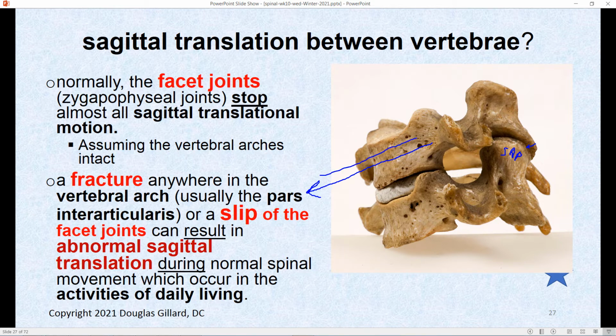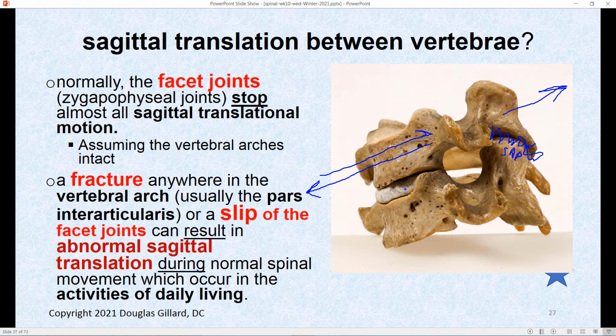If you push the vertebrae this way, there's a capsule around here, right? And you have a lot of muscle. You have ligamentum flavum. So you're not going to normally have any independent sagittal translation, either anterior or posterior. If you are slipping back and forth, that can irritate these facet joints and be a source of chronic pain.